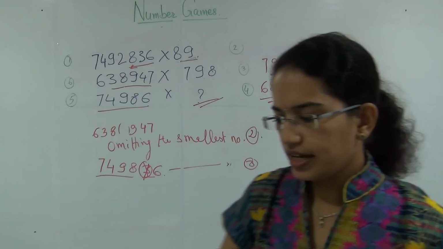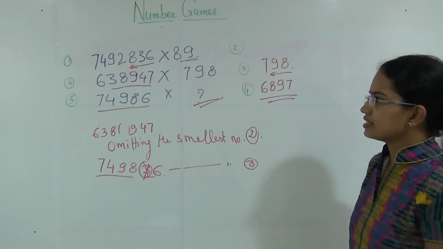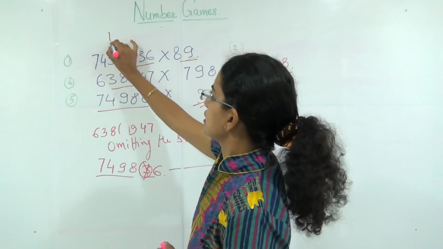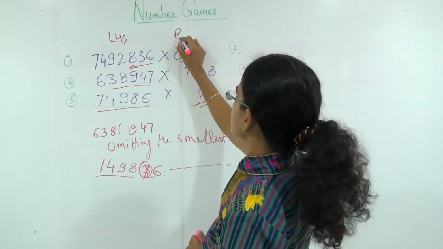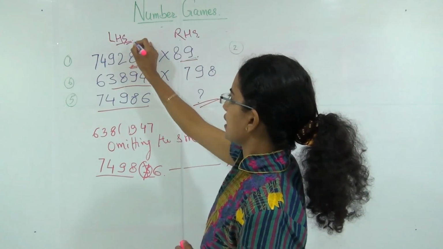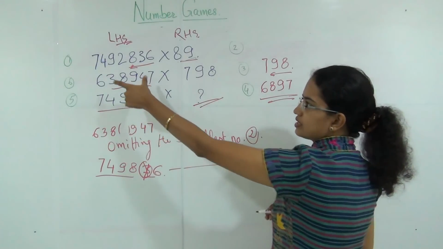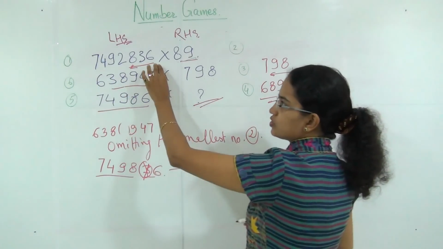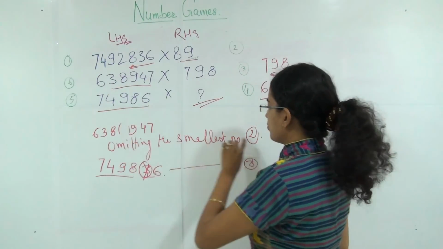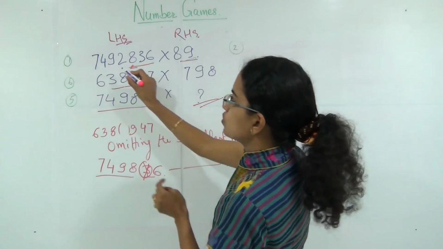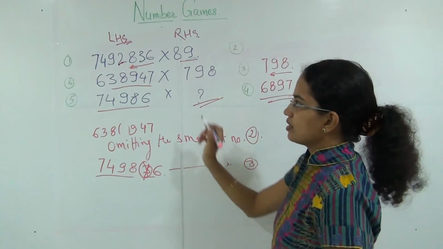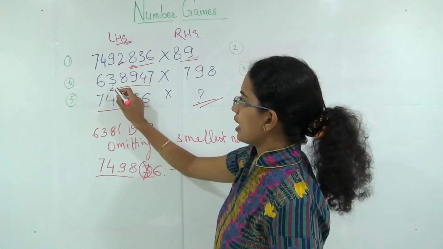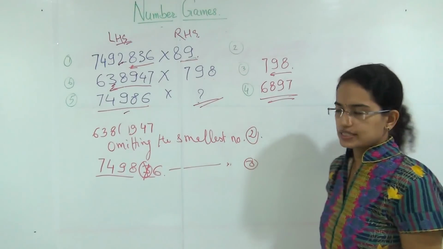Now let me explain once more what we have done in this question. Consider this side as the LHS and the RHS. On the left hand side, I am reversing the digits and omitting the smallest number, that is 2 from this. Then for this, I am reversing this set of numbers and removing the smallest number, that is this.